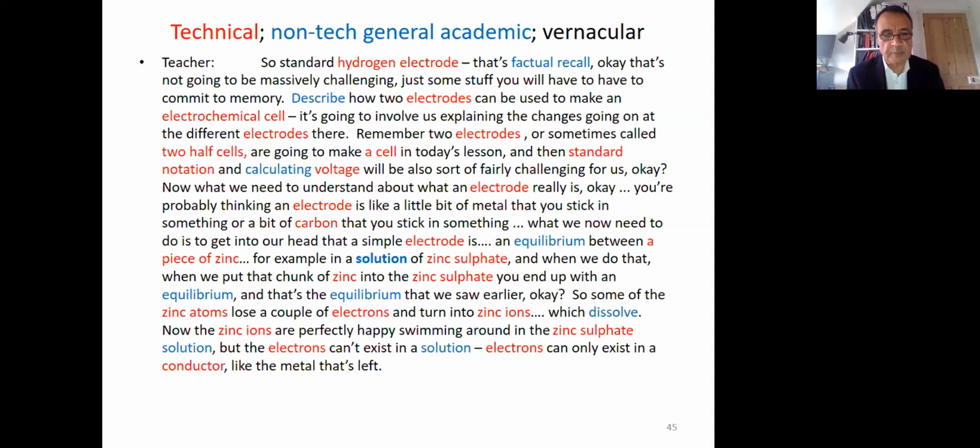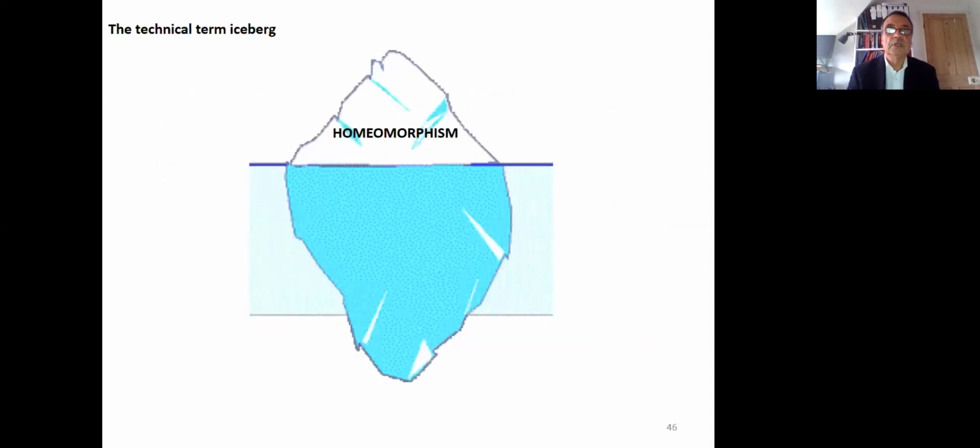So let's think a little more about what the students mean when they say, and they say very often, that the problems they have are with technical vocabulary. So in mathematics, homeomorphism is a technical term, but it's a very complex technical term, and it merely encapsulates the concept.